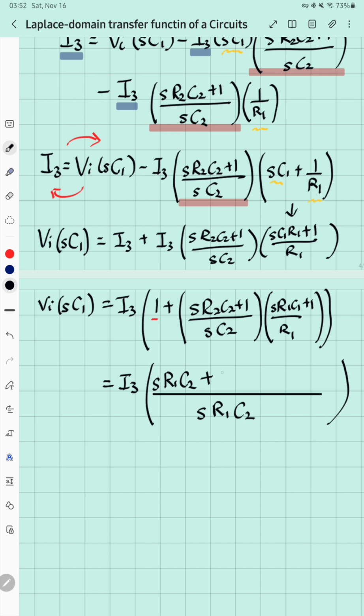And I'll still write it so you can expand it later. SR2C2 plus 1 times SR1C1 plus 1. So this portion is here. This portion is here.